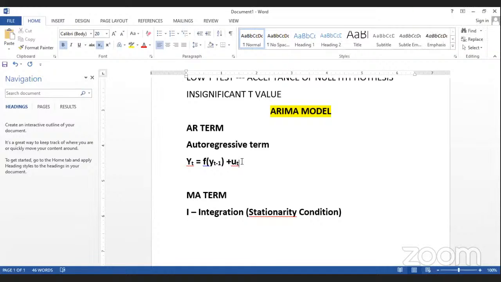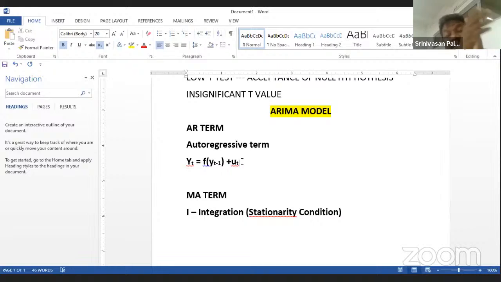Consumption theory, very good. That means consumption is a function of income. When you are framing the regression model, it is based on a completely theoretical background.